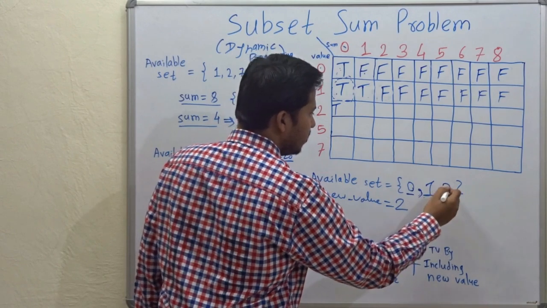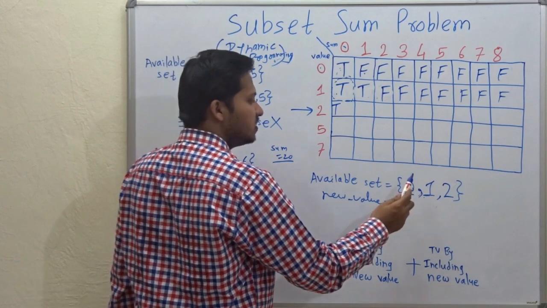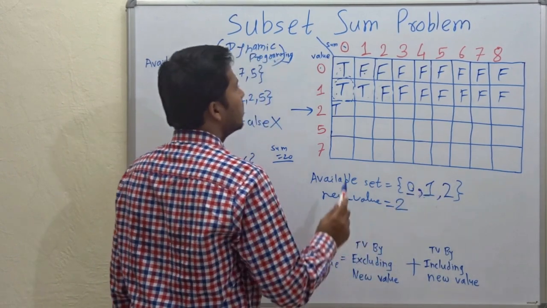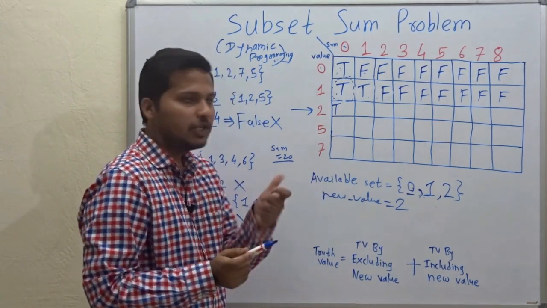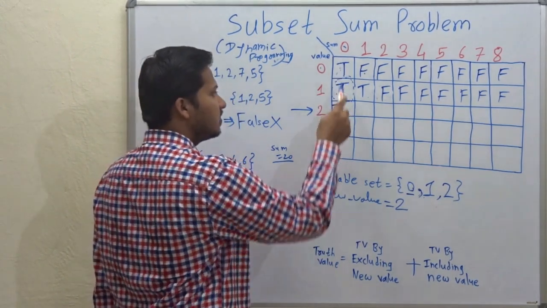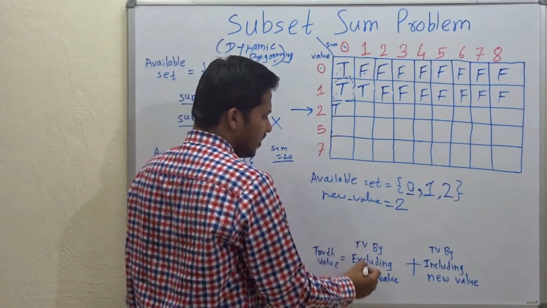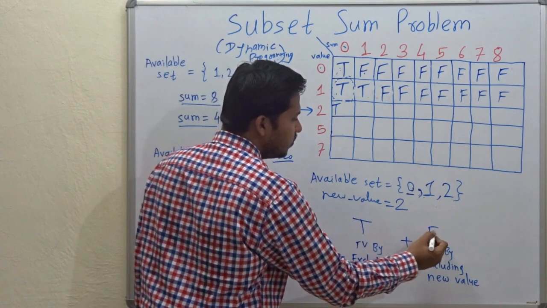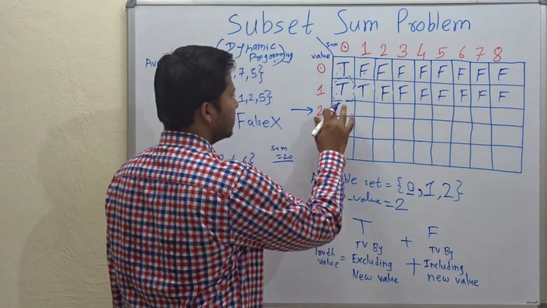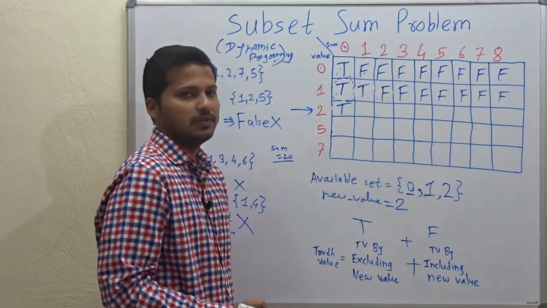Now you include the new value. So by using the values 0, 1 and 2, whether you can form 0 or not? Obviously not, because 2 is greater than 0. So let's write here, by excluding the new value, yes. By including the new value, no. True or false is true. So I write true here.